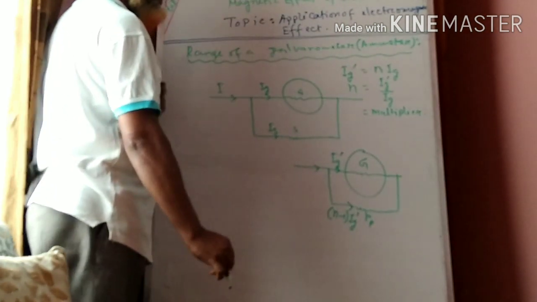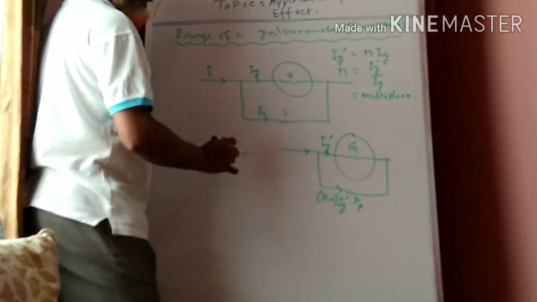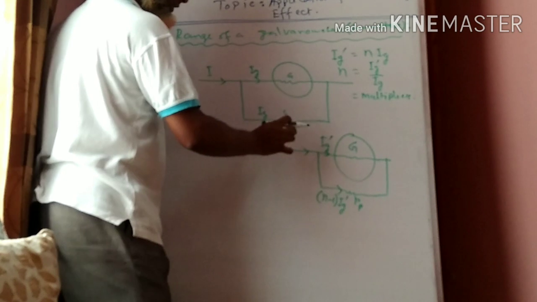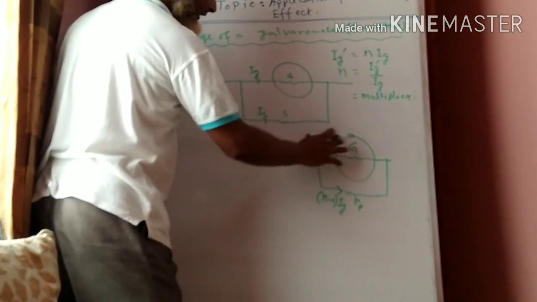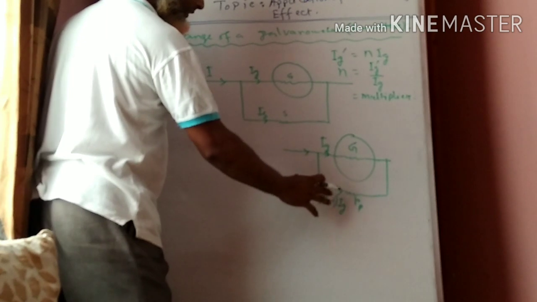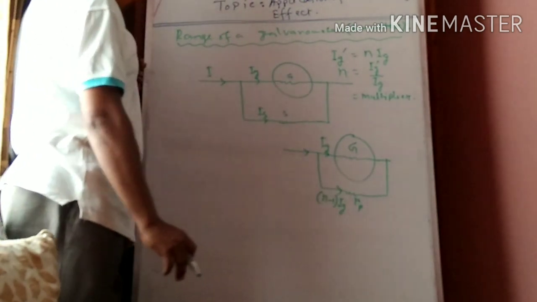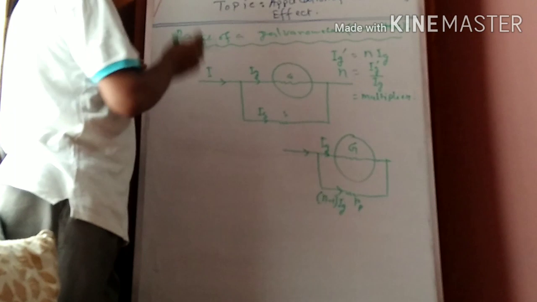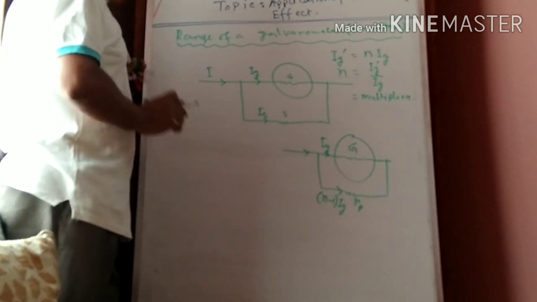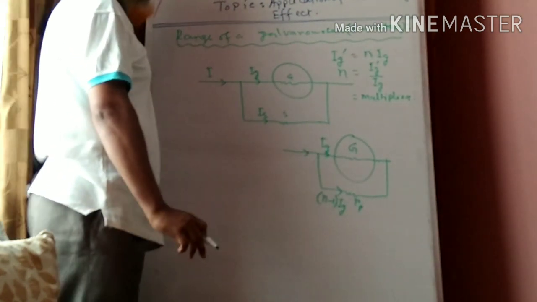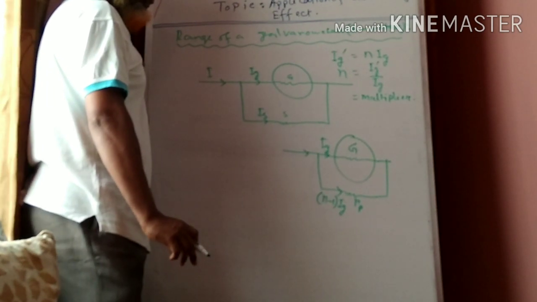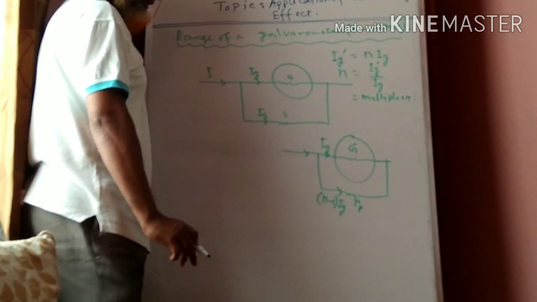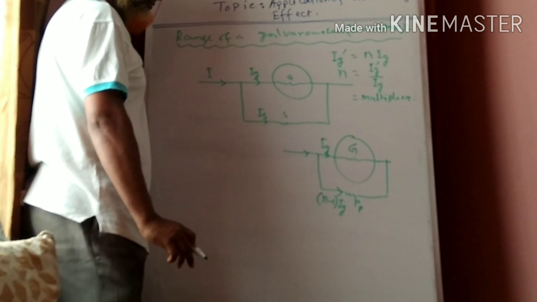The total current, one portion passes through this galvanometer and the remaining portion passes through the shunt. The total current, the new current that the galvanometer can measure, is Ig prime.